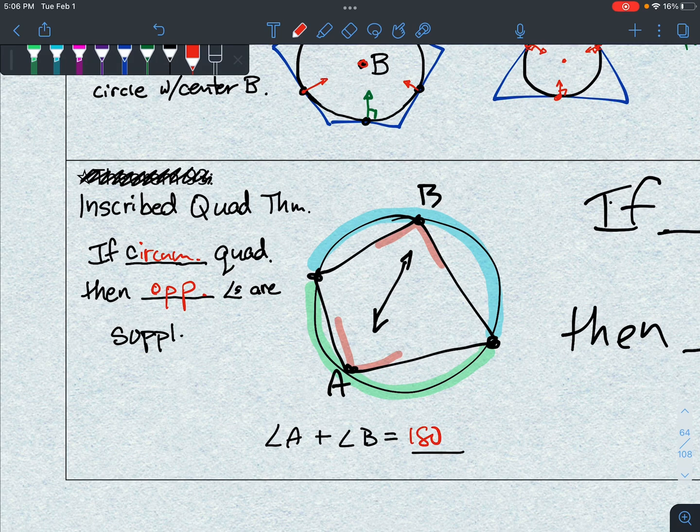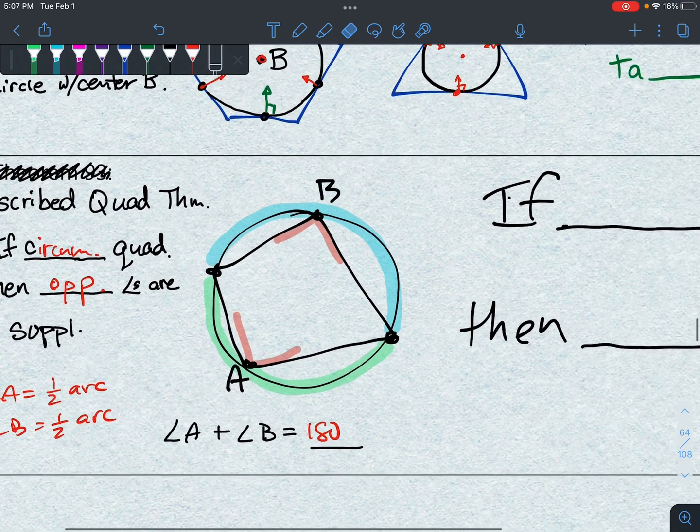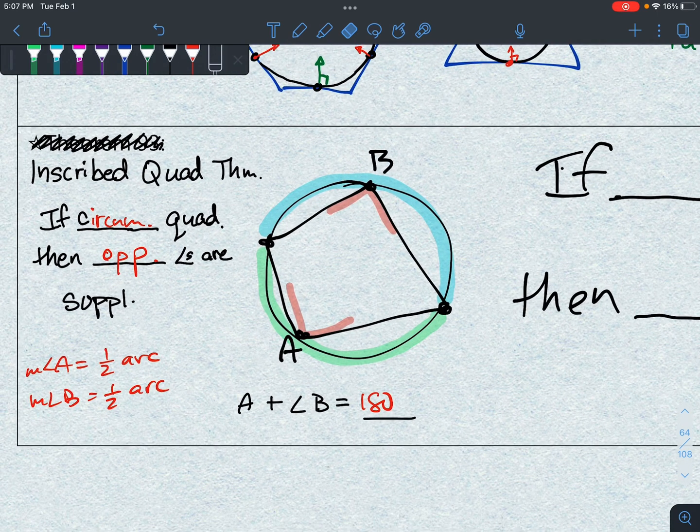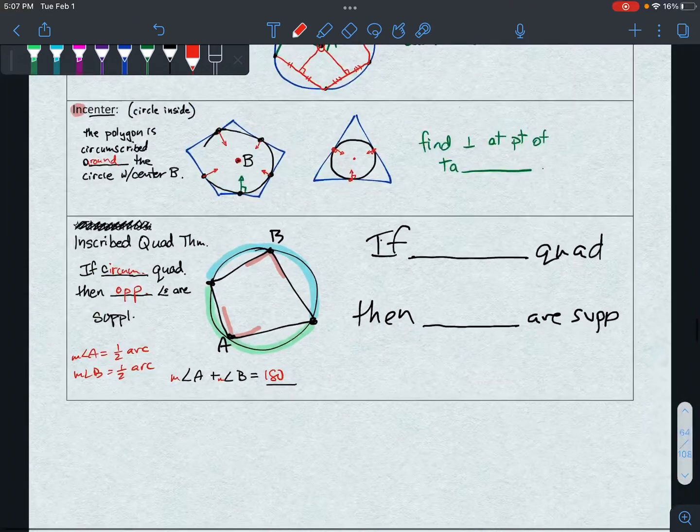And because inscribed angles are half their arcs, the measure of angle A is equal to 1/2 of the arc it intercepts, and the measure of angle B is 1/2 of the other arc. Well, these two arcs add up to 360, then half of that is 180. So that means these two angles here will add up to 180. All right? I should have some m's in front of there.